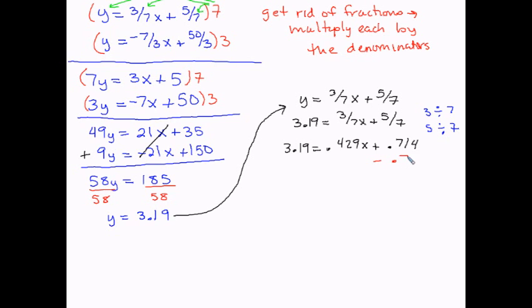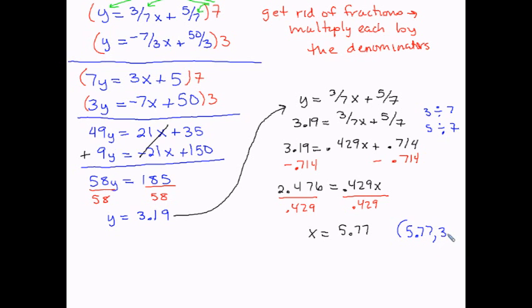I'm going to subtract 0.714 from both sides. So 3.19 minus 0.714 gives me 2.476 is equal to 0.429x. I'm going to divide both sides by 0.429. And I'm going to get that x is equal to 5.77. So this is the point of intersection, 5.77 and 3.19.